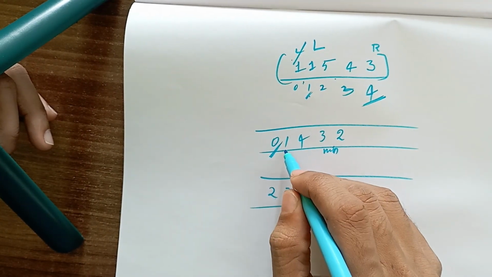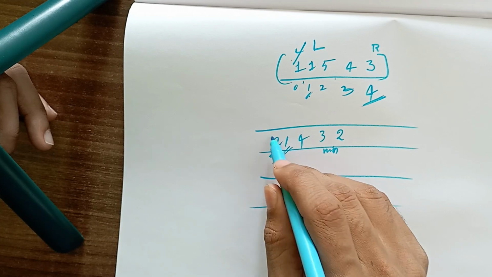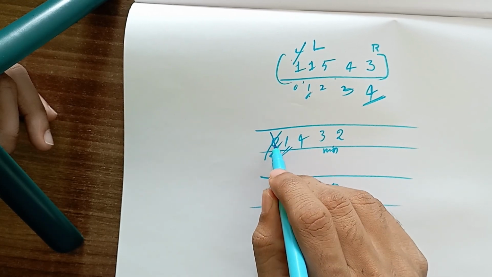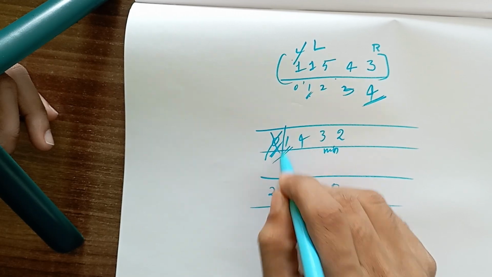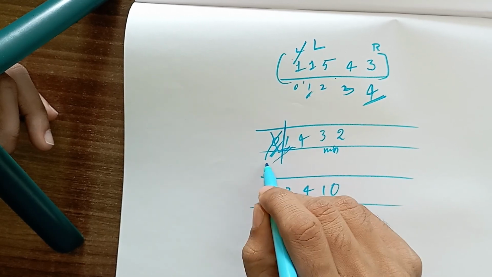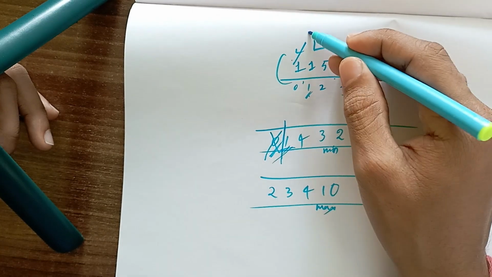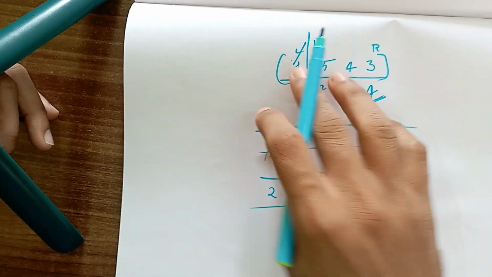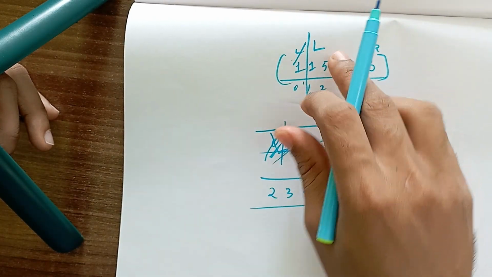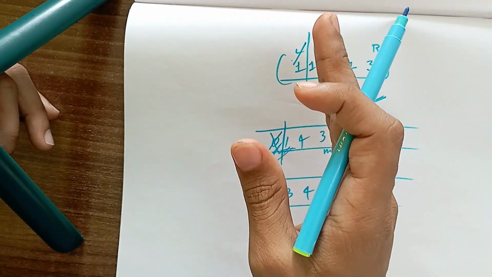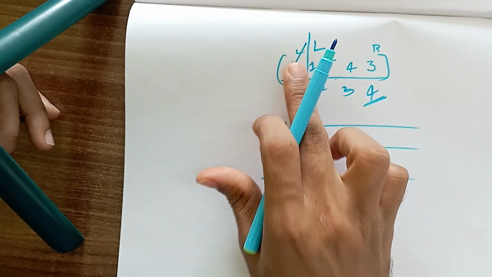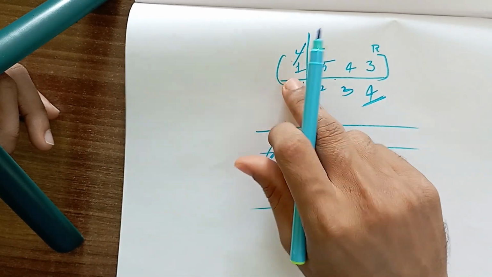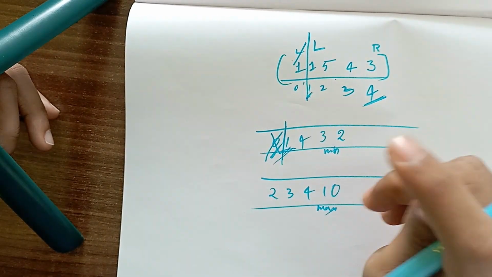The minimum one is 1, so as we increment the left pointer and shrink our window, we need not consider this one. So this one we need not consider in our minimum deque.